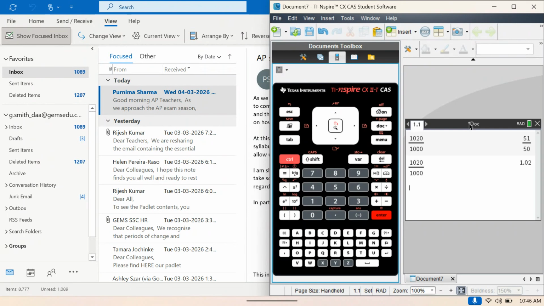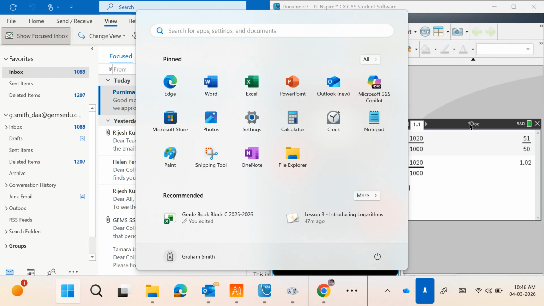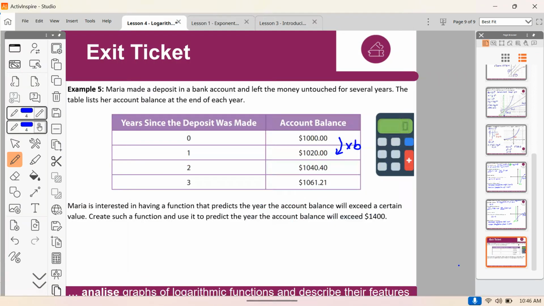Press Control Enter. 1.02. So the function would be y equals our initial value, 1000, times 1.02 to the x.